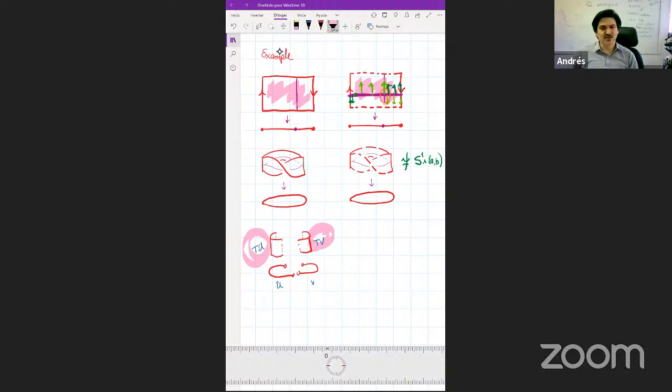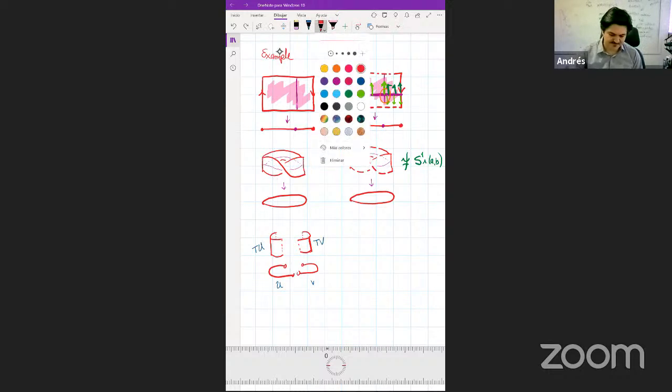Trivial spaces, U cross R, V cross R. But they are glued differently to obtain different manifolds.